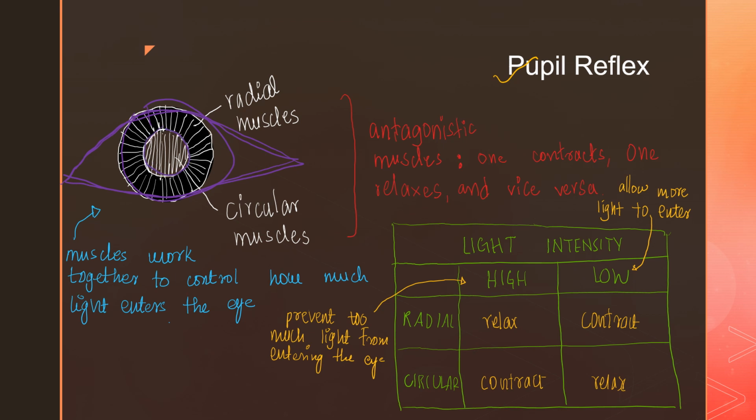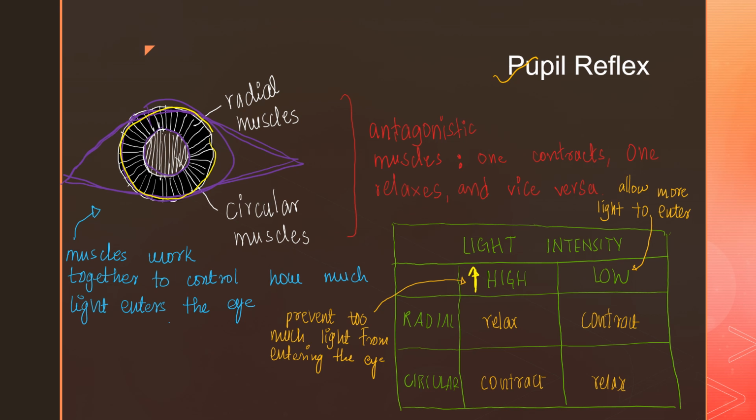called your circular muscles. These muscles work together to control how much light enters the eye. And they are antagonistic muscles, which means when one contracts, the other one relaxes, and when one of them relaxes, the other one contracts. Okay? So whenever light intensity is high, the radial muscles, which are the outside muscles, are going to relax.